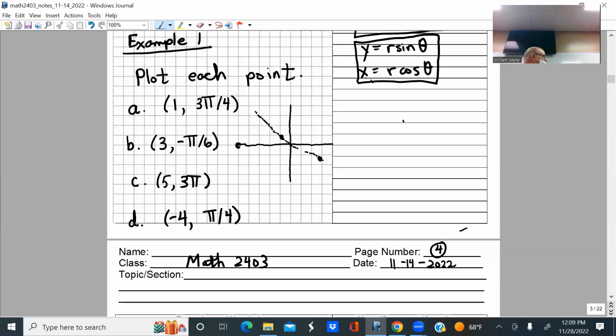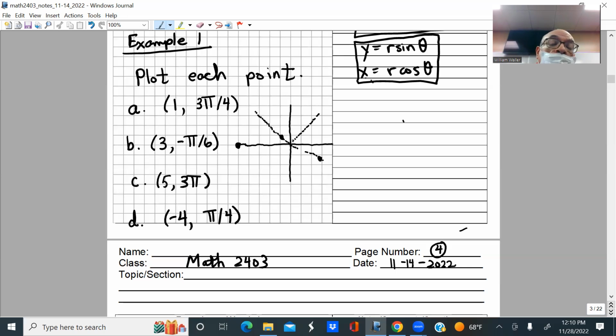Here's the one that's a little bit hard to interpret. What about minus 4? You can have a negative radius in polar coordinates, but you have to interpret it properly because that's not really going to be a distance. So what about minus 4 and pi over 4? Well, if this were positive 4, you would be along this 45-degree line, because that's pi over 4.